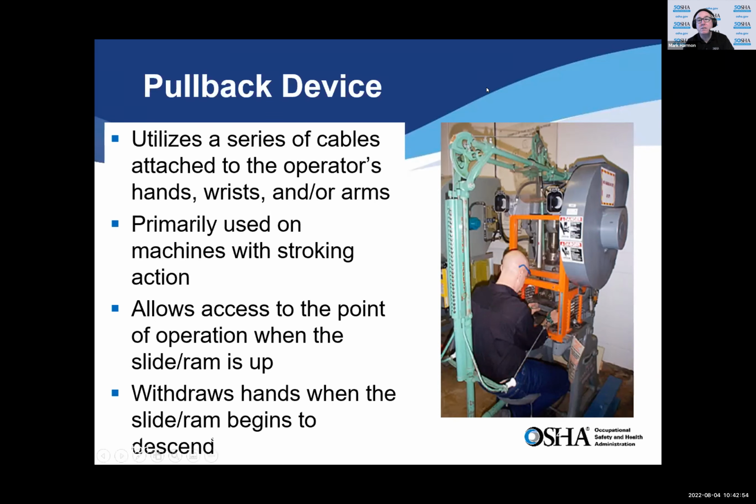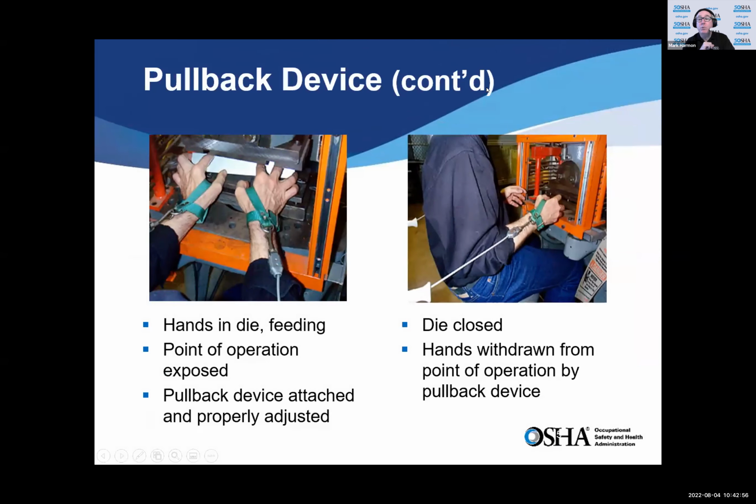Let's see. Pullbacks, again, it's showing the example of when you're putting your hands in the die. Hands and die, meaning the die is the part of the machine that's coming together, that's forming the part. So again, some machines you have to put your hands in.